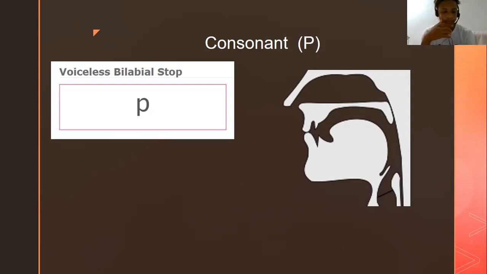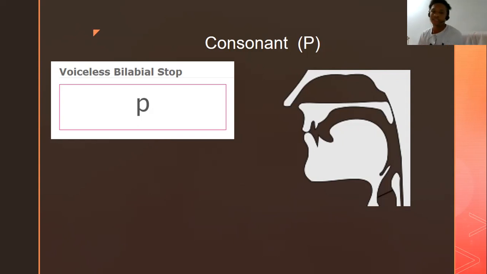The airstream mechanism is pulmonic. You have to use your lungs if you want to make a good pronunciation of the consonant, by pushing air with the lungs and diaphragm.